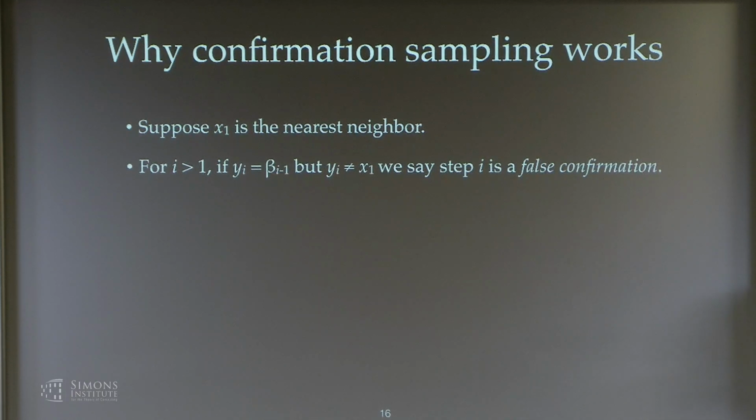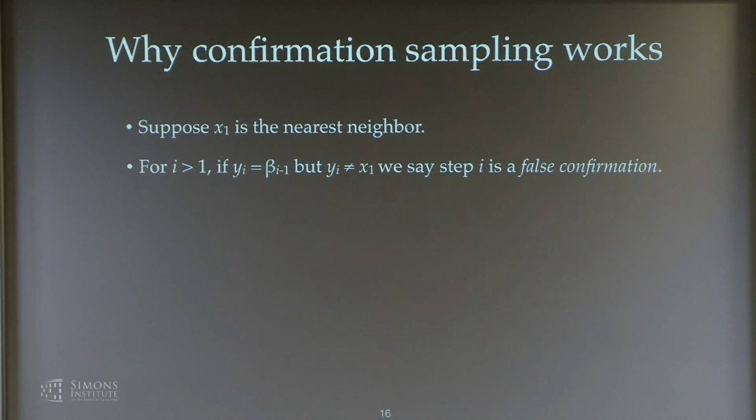And the essential thing to observe is that all that matters are steps where we see either the nearest neighbor or a false confirmation. If we sample something that is different from the current candidate beta, it doesn't matter.